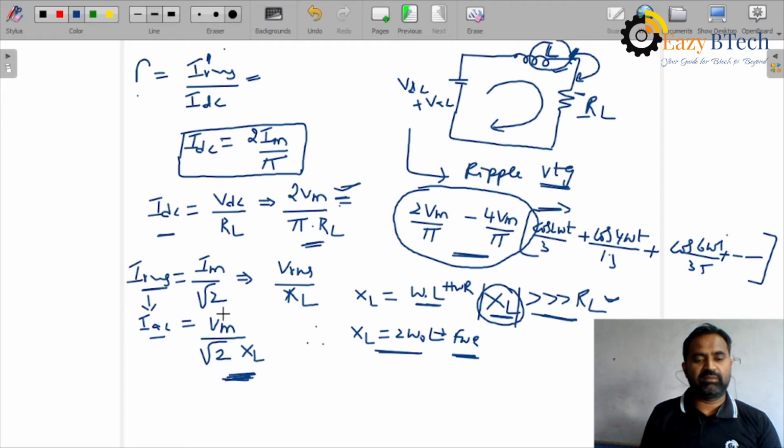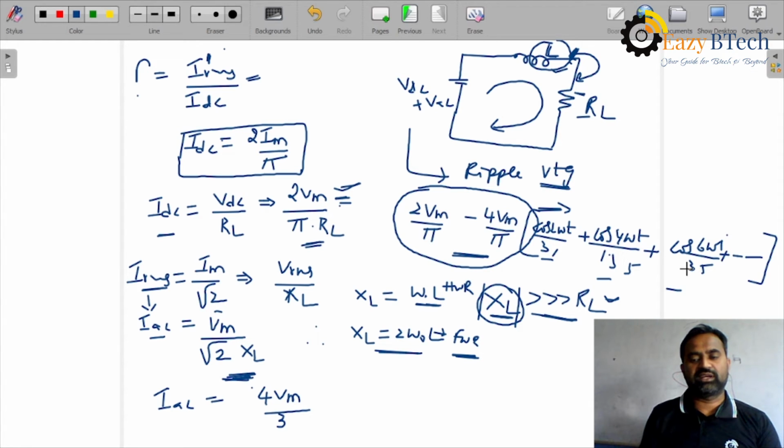Now we will write, in place of Vm, this is the Vm value. We will write IAC is equal to 4 Vm by 3 pi, because if you take 3 common from 3, 15, 35, here 1, here 5, here 6, 6, 5.